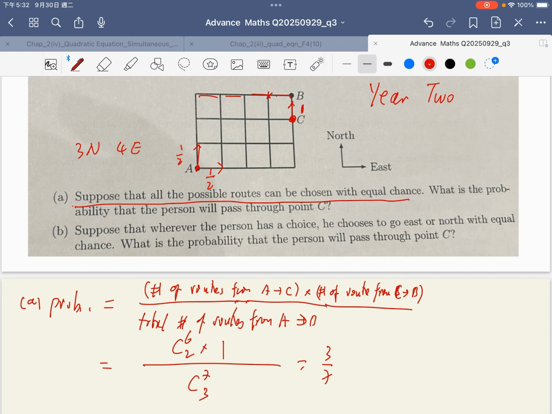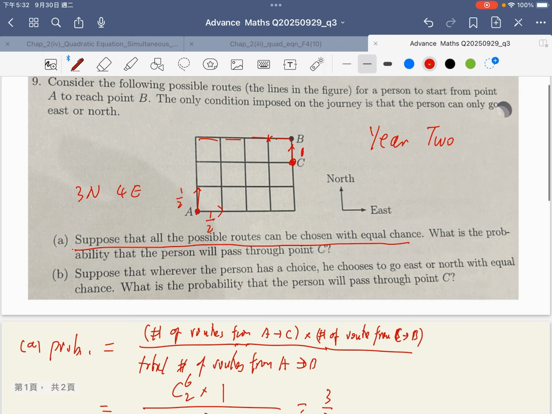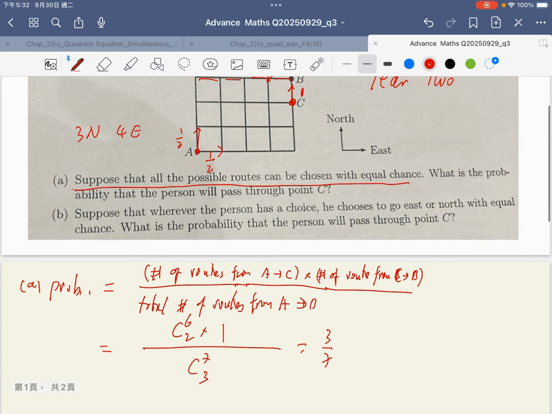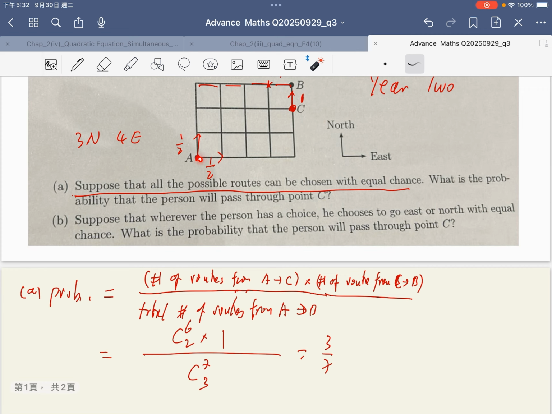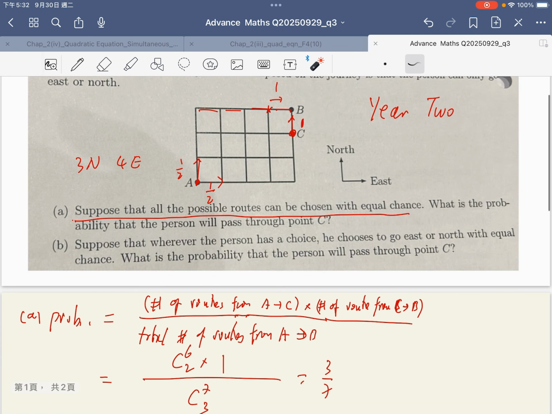If he stands here, then going east is 1. Let's look at this one from here: 1 over 2 for the first step, 1 over 2, 1 over 2, and so on.